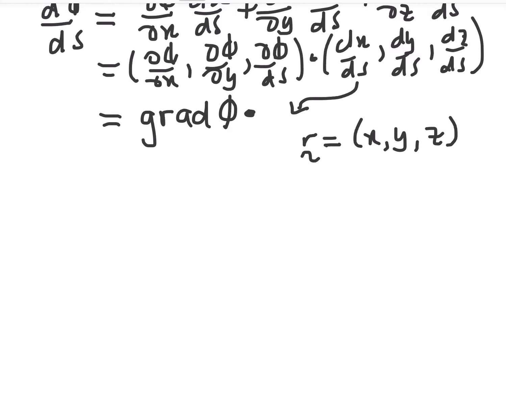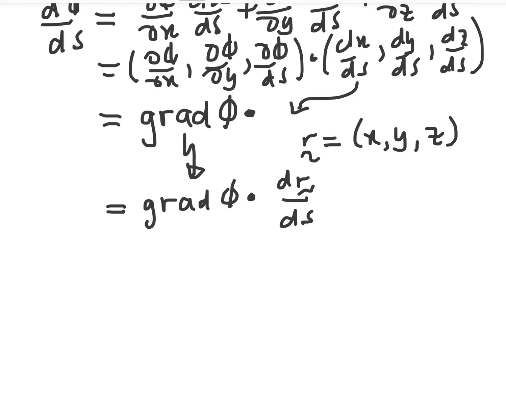However, if we differentiate the vector r with respect to s, we get dx ds, dy ds, dz ds. So this is what can be written as the grad of phi dotted with a vector differentiating the vector r with respect to the arc length variable s. So it's clear that we can do that.